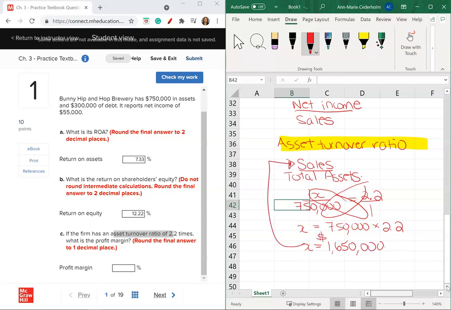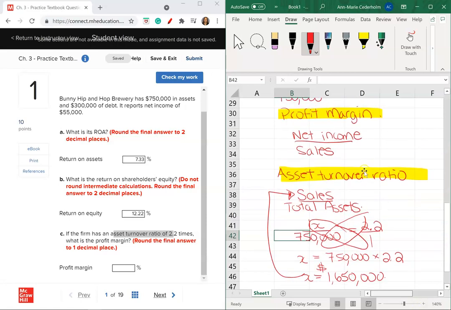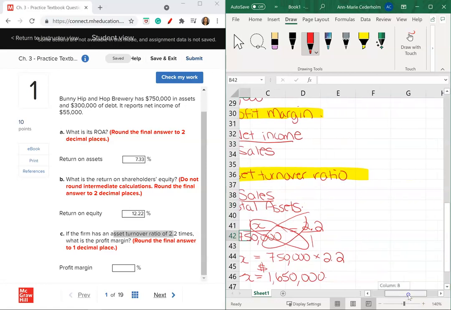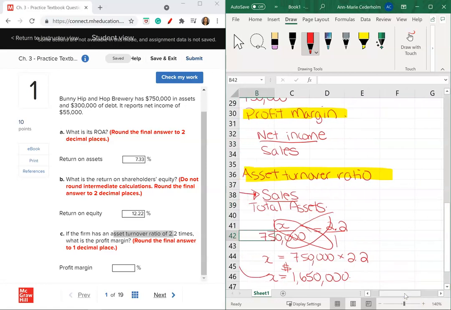So now what I can do is put my sales into the profit margin equation. So I'll just move back up here where I have the profit margin, and the net income was $55,000. And then the sales was the number I just calculated, 1,650,000.